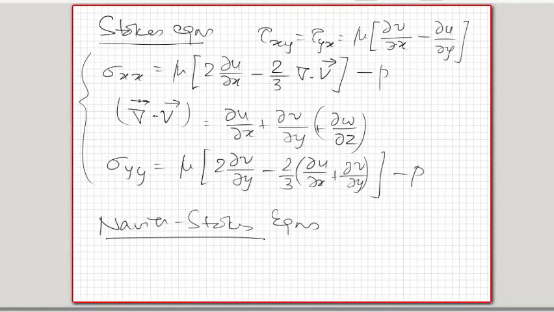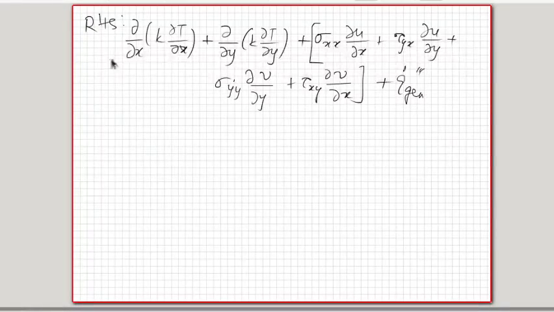Okay, so go back to this one. So this sigma xx will have 2 del u by del x minus 2 by 3 del dot u multiplied by del u by del x, and this will be that, and so you get this, let me write it as del dot k del t.